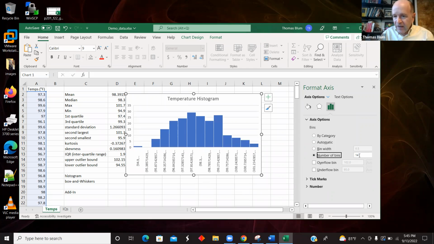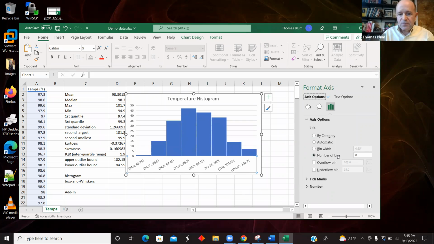Or I can say I want 8 bins. So that's the kind of control I have over this histogram. I highlighted the data, chose to insert a statistical graph, made a histogram, and I can control the number of bins.